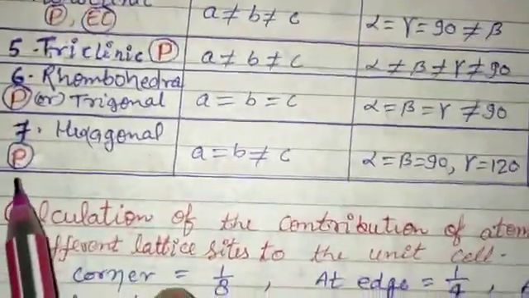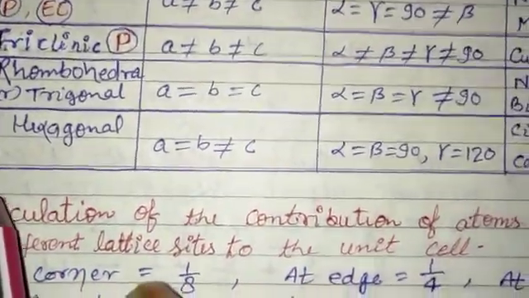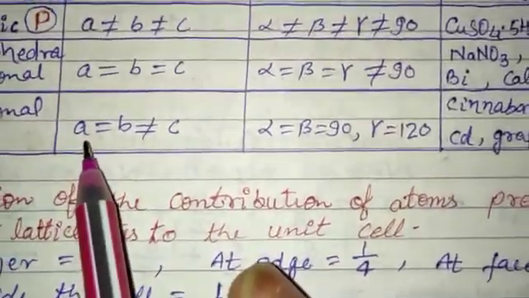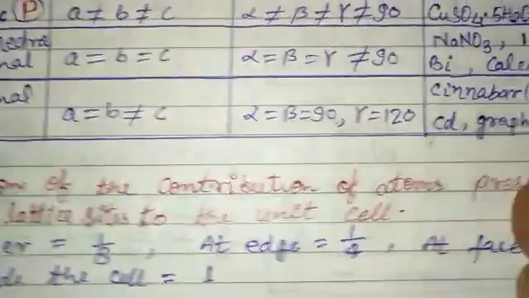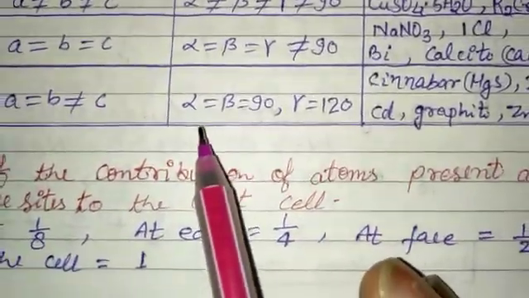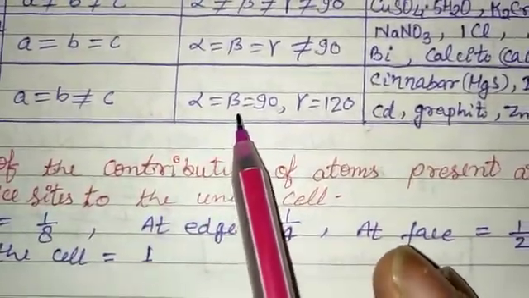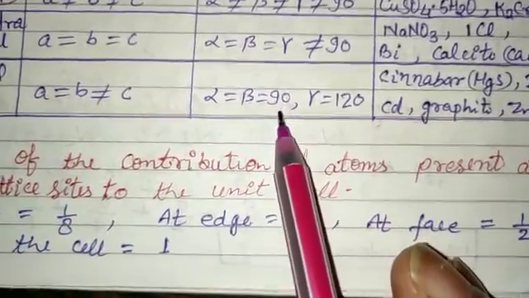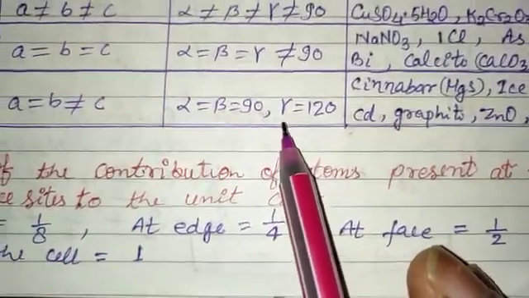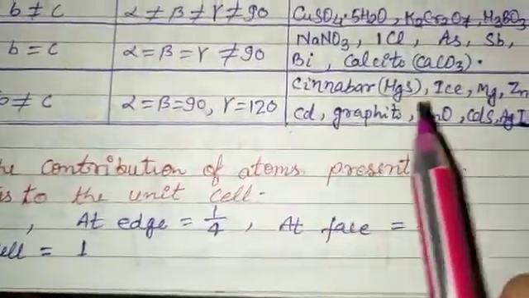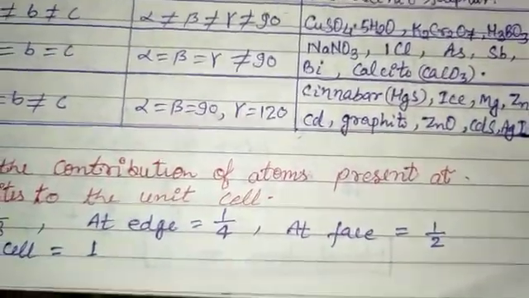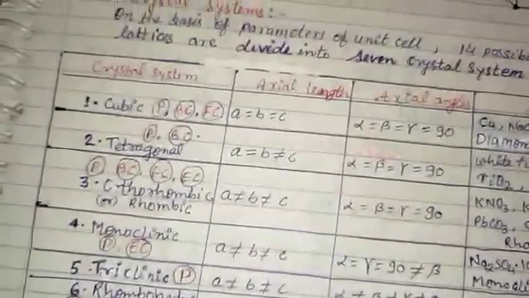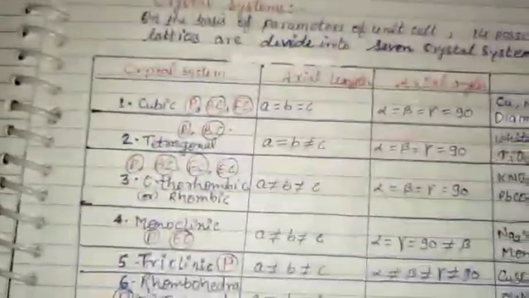In this, the primitive or simple type is possible, in which two edges a and b are equal and c is not equal to a and b, and angles alpha equals beta, equal to 90 degrees, and the third angle gamma equals 120 degrees. Examples: cinnabar, ice, magnesium, etc. These are the 7 types of crystal system.